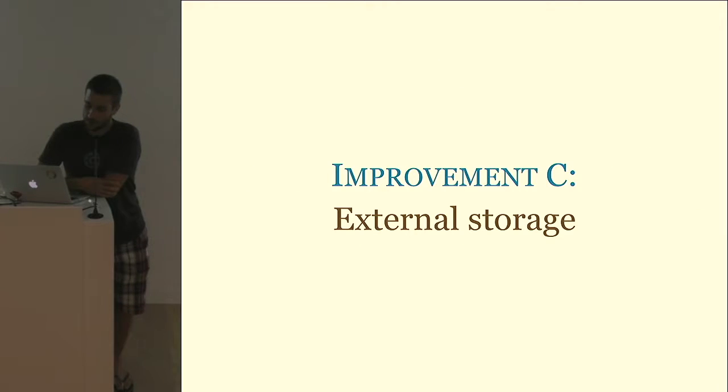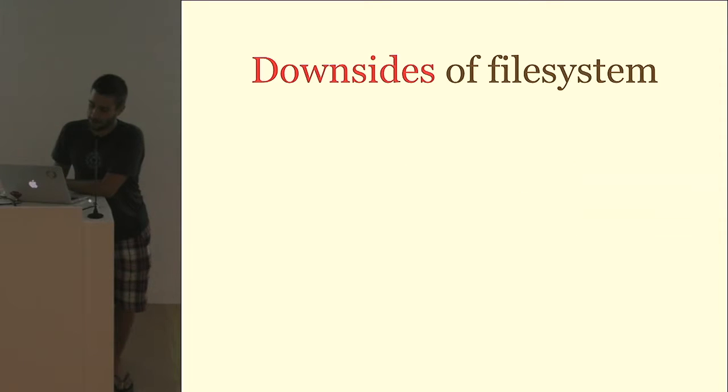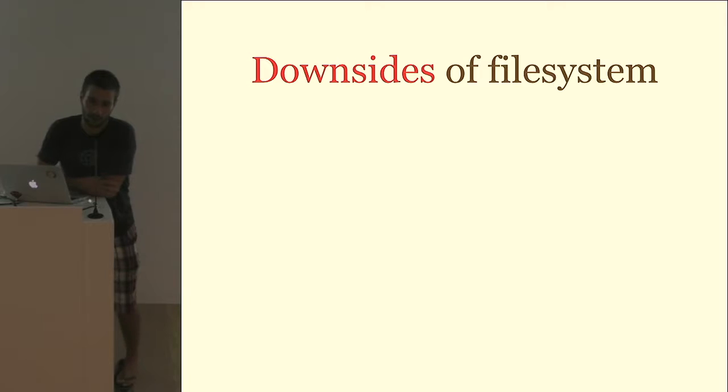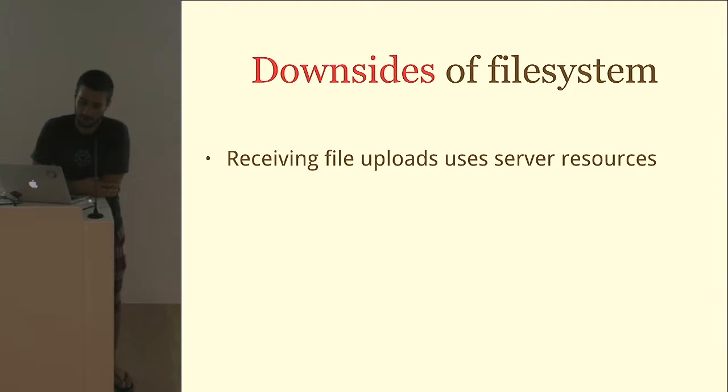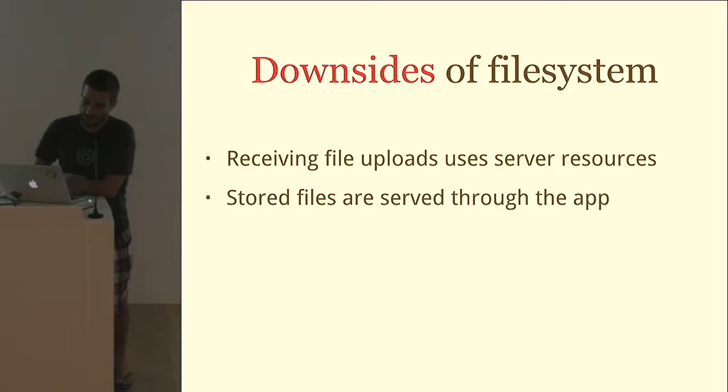Next improvement that we can do is to switch to an external storage. Before, we were just storing the files on the file system, but there are many downsides of accepting file uploads through our app and storing them on the file system. First, receiving file uploads uses more server resources than normal requests.